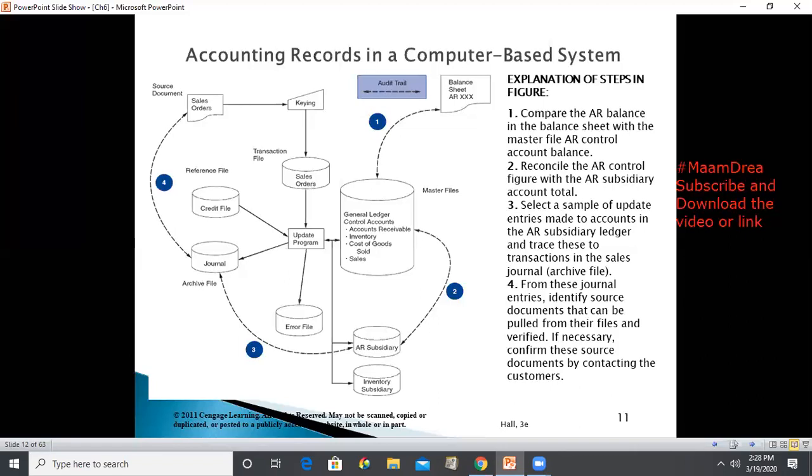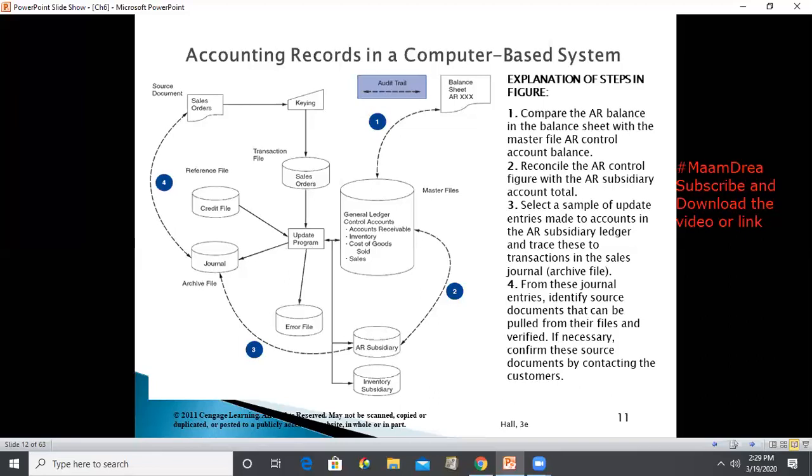The next step is to update the various master file, subsidiary, and then control house. During the update, sometimes we do additional edit on the transactions. We check if it is a valid transaction, or if there's an error, incorrect account numbers, or insufficient quantities on hand.